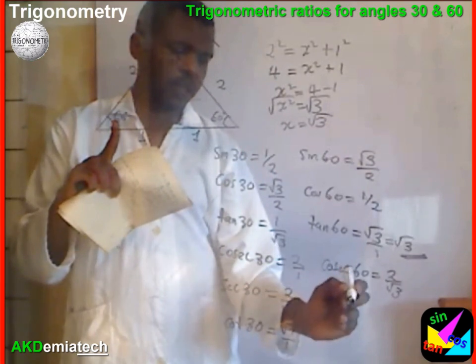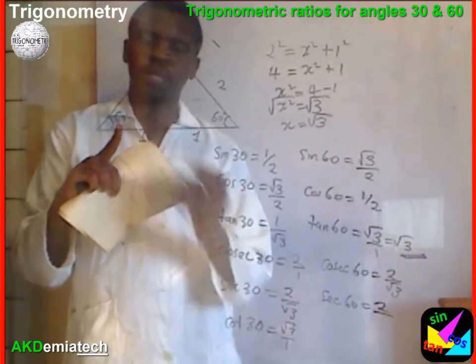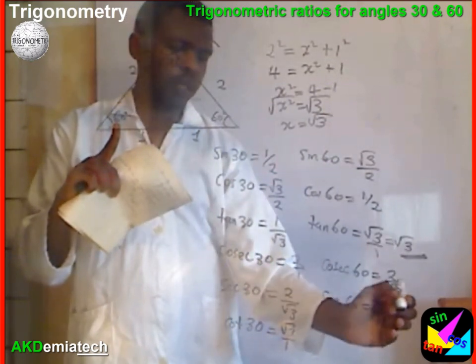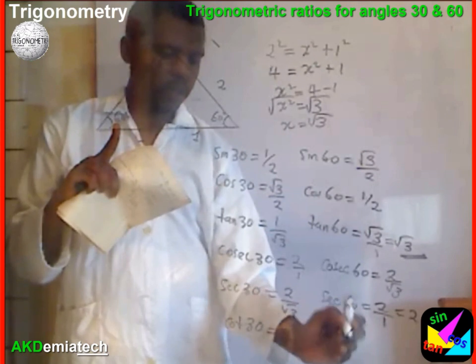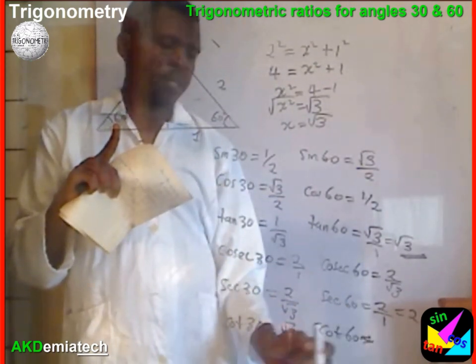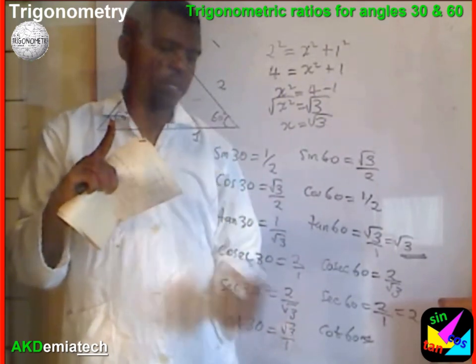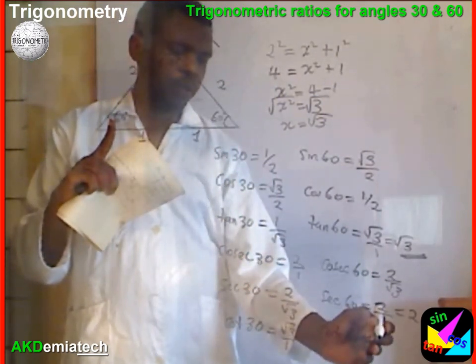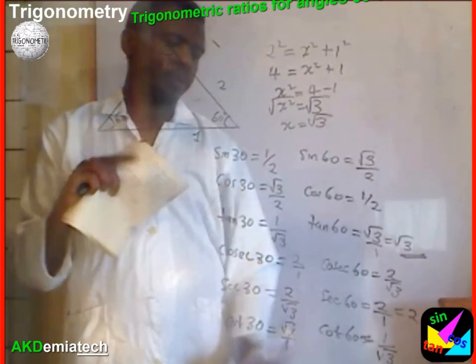Sec 60 is equal to hypotenuse all over adjacent 1. So cot 60 is equal to adjacent all over opposite, 1 all over root 3.